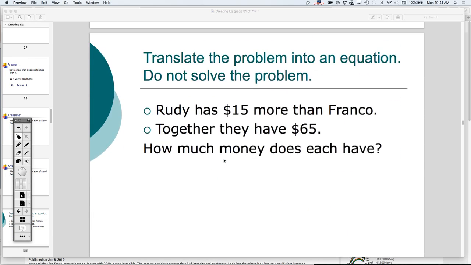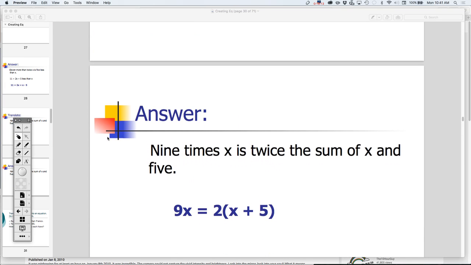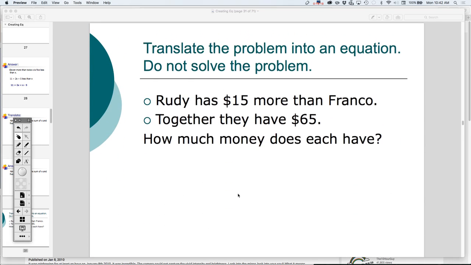Rudy has $15 more than Franco. Together they have $65. How much money does each have? Notice how this is formatted: it doesn't have it all lumped together into just sentence after sentence. They tell you, make an equation, and then this is what they're looking for.